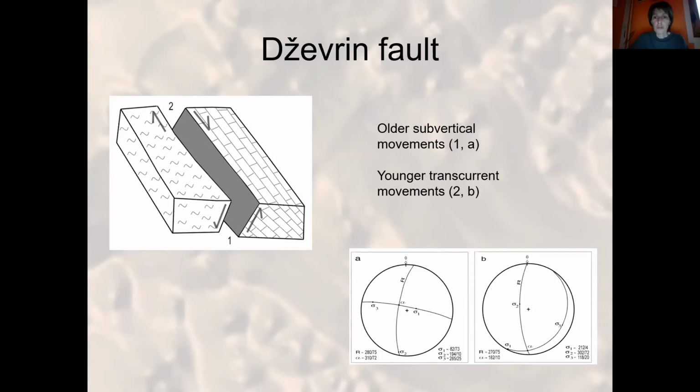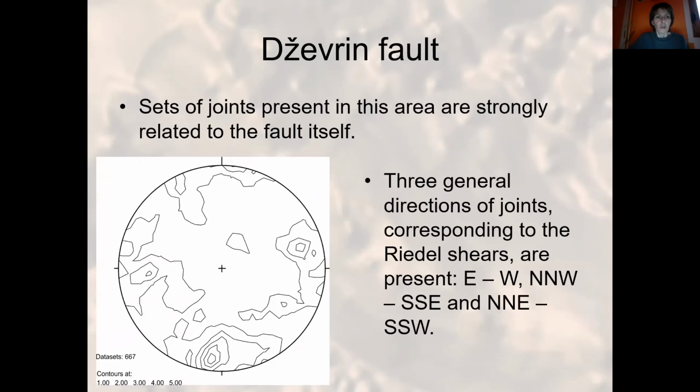as I mentioned before, characteristic for all eastern Serbia. So here is one set of joints.